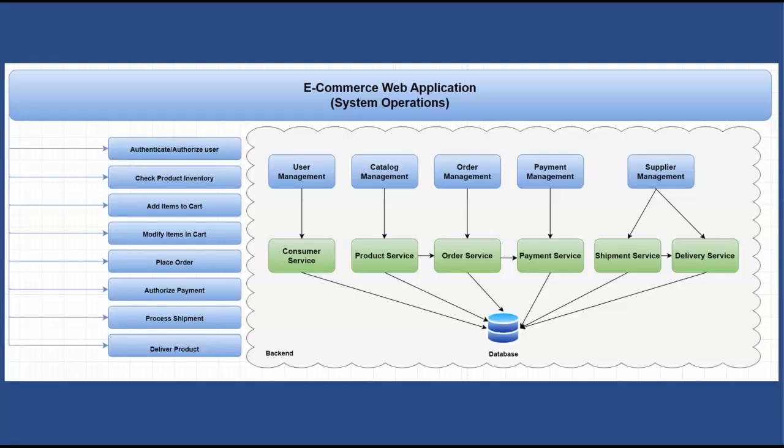Scaling a monolithic application. Since all these components and services deploy as a single unit, it is not so easy to scale this application. If my order service is getting more requests and facing very high traffic, and I have to scale this order service, then I cannot scale just the single order service.